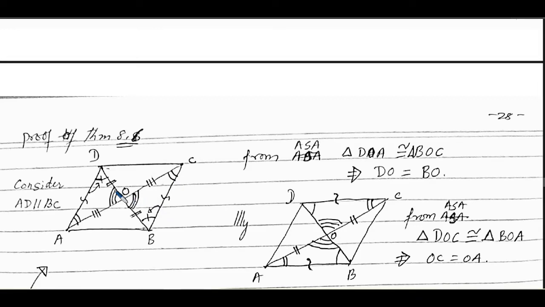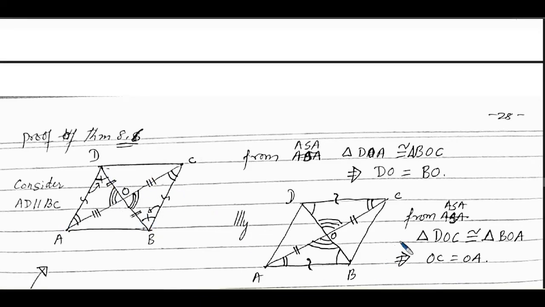So then I can always say that DO, this length, because it's congruent, DO equals BO from CPCT, corresponding parts of congruent triangles. So DO is equal to BO. So line AC is bisecting DB.